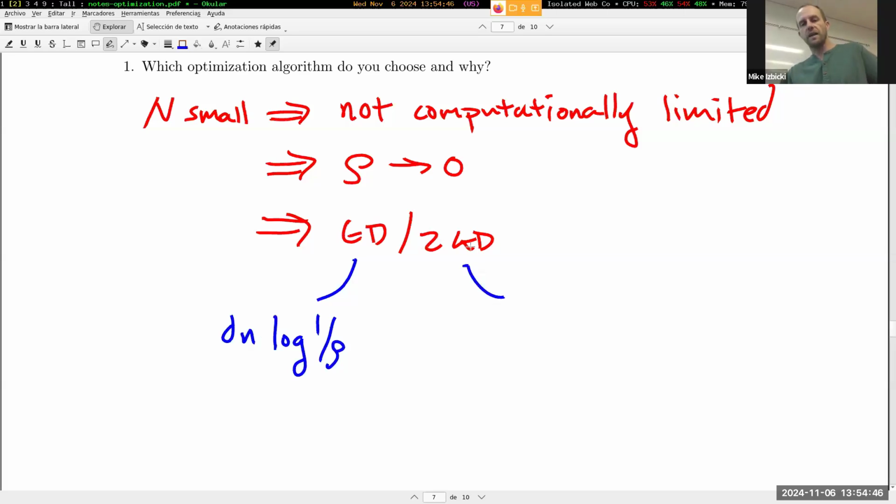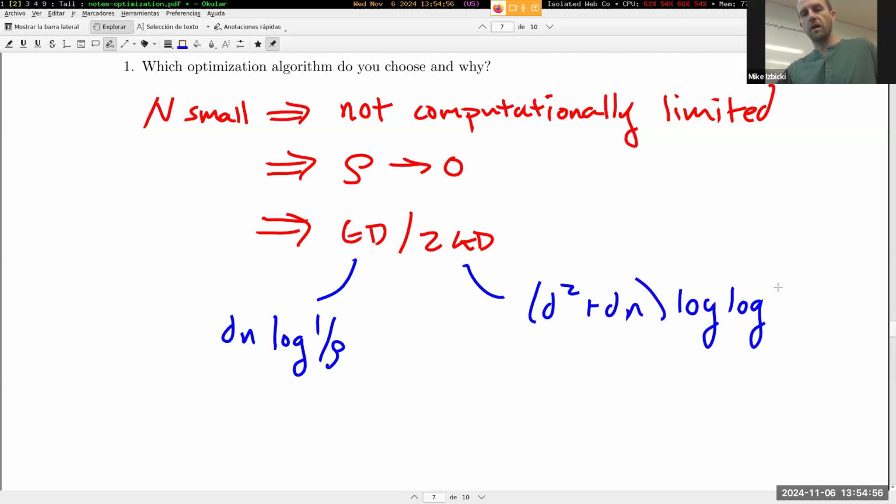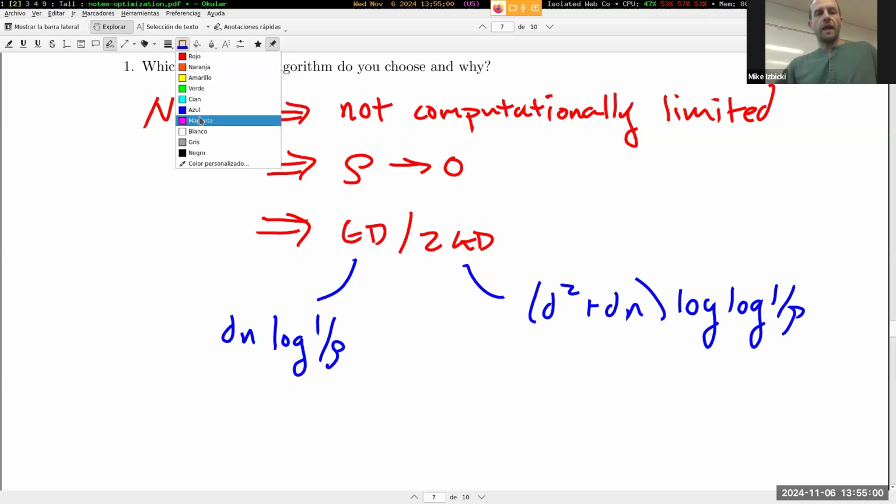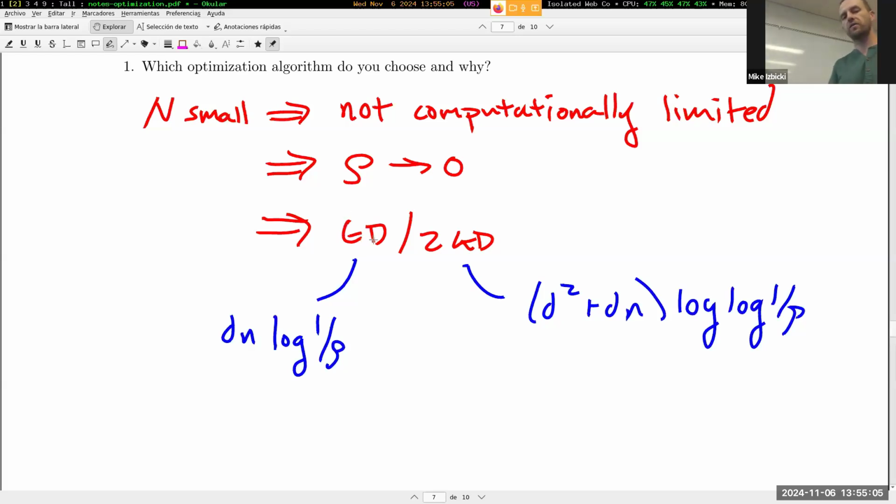And the second order gradient descent right here is the d squared plus dn times the log of 1 over rho. Now, in order to select between these 2 algorithms, we have to consider our trade-off between the number of dimensions and our rho value.